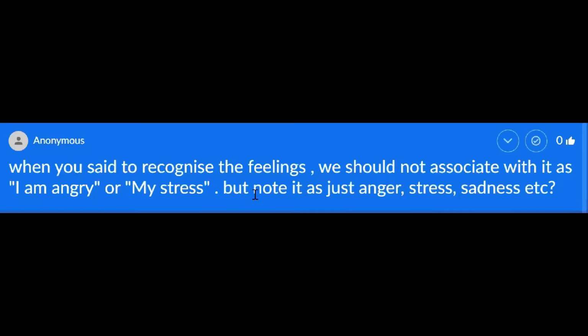When you say to recognize the feeling, we should not associate with it as "I am angry" or "my stress," but note it as just anger, stress, sadness, etc. I suppose the question is, is it like that? Yes, you're right.